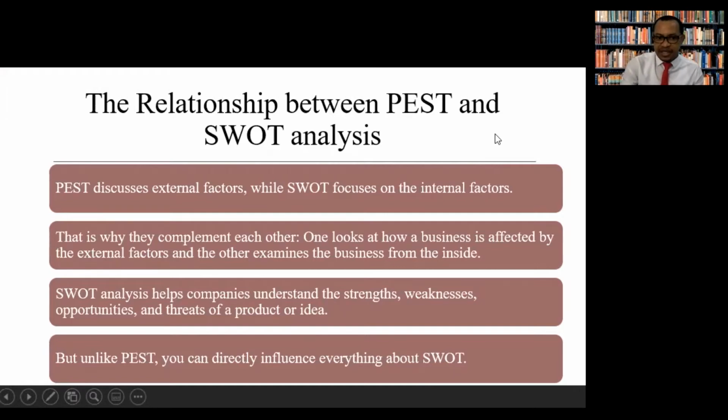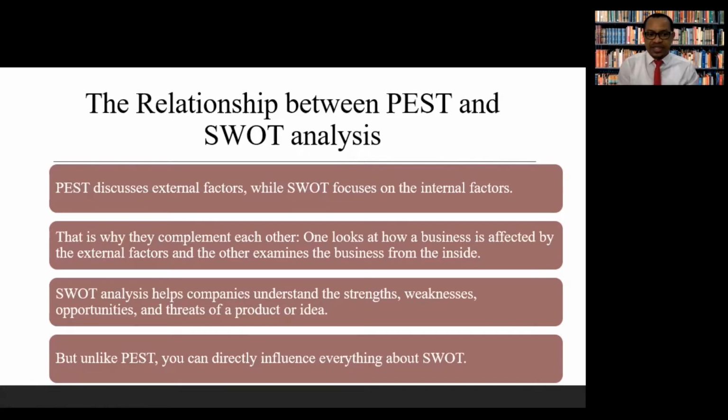PEST discusses external factors, while SWOT focuses on internal factors. Now you can see why the two of them complement each other, because while one is looking out for external issues that could affect the business, the other is looking into internal issues that the business should be aware of in order to do the right thing in fixing them.